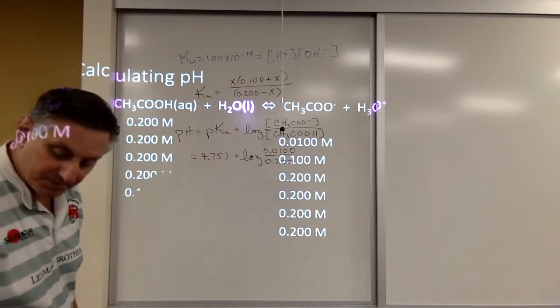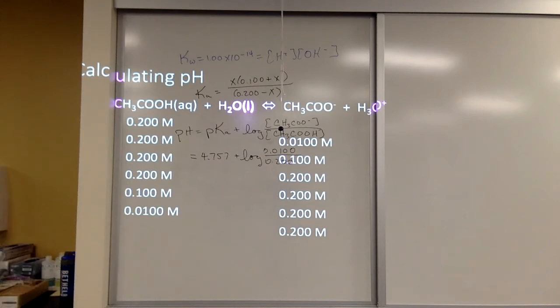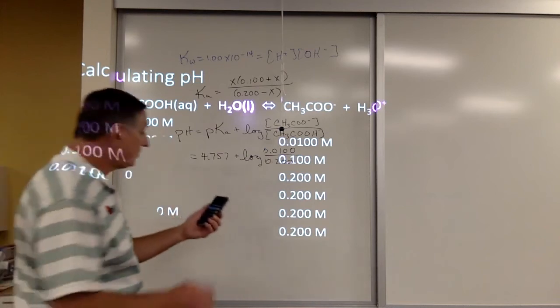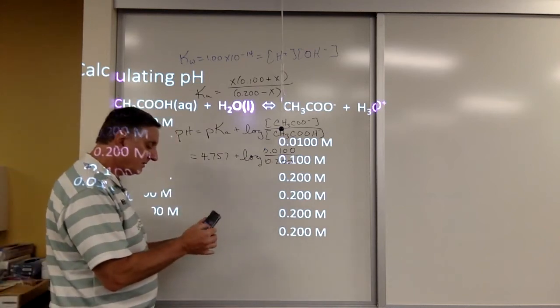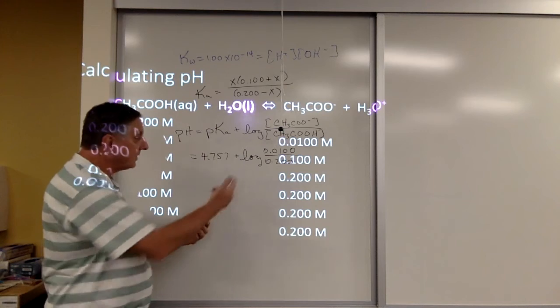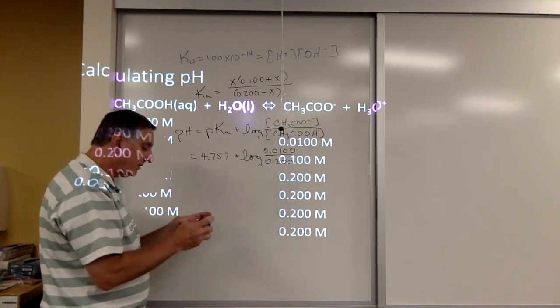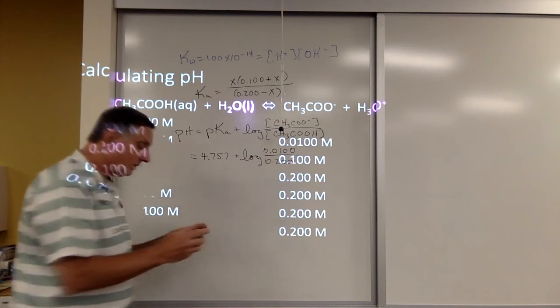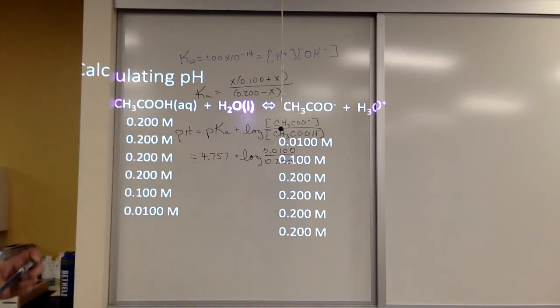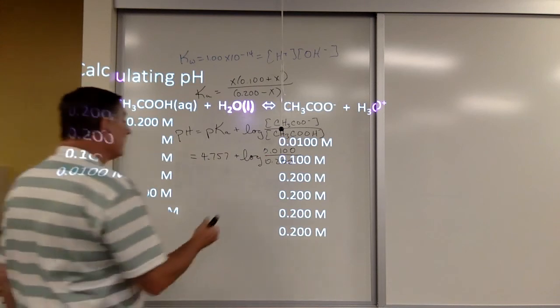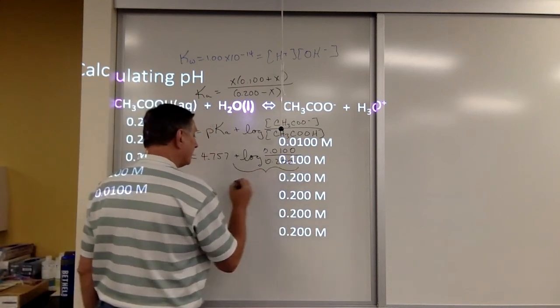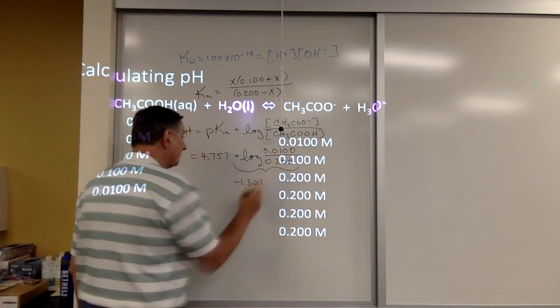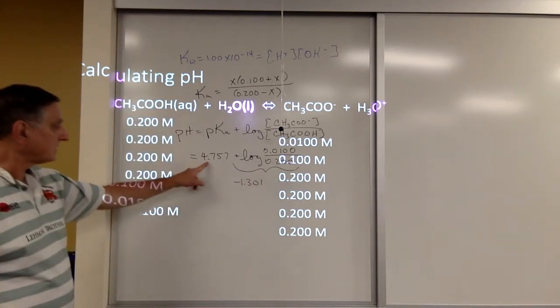So with this specific problem, let's calculate the pH. 0.01 over 0.2 divided by 0.2 is equal to 0.05, and the log of 0.05 is minus 1.301. So the pH is this minus this.